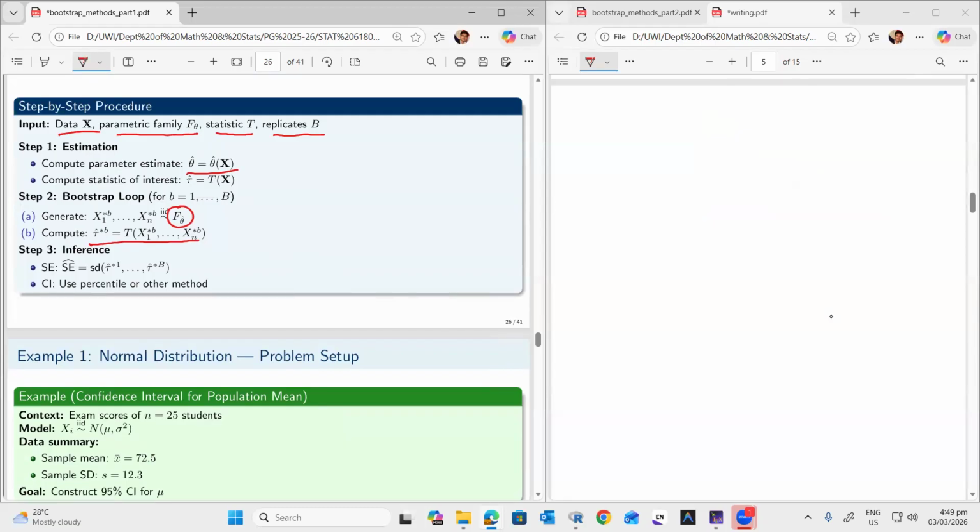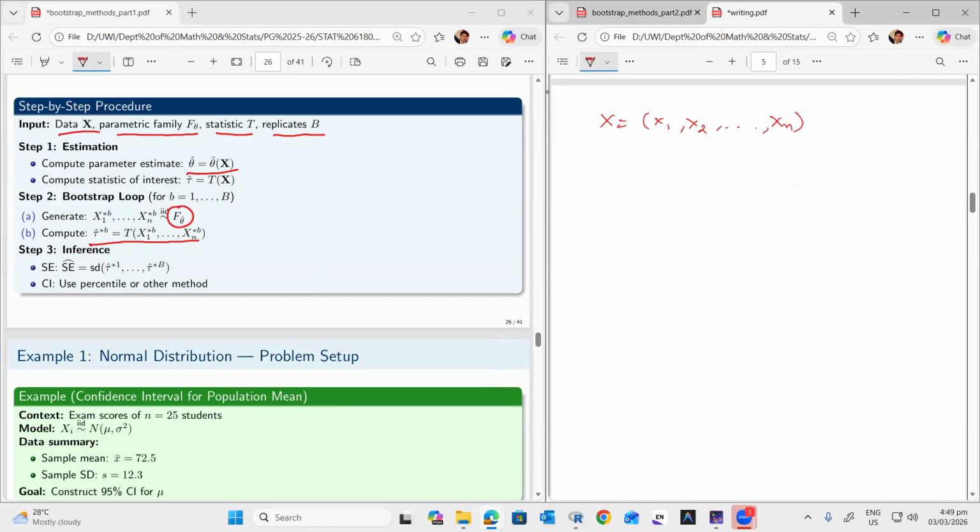So suppose we have the observed sample capital X, that is x1, x2 up to xn. All right. And assume that the data follows the parametric family of distribution f theta, where theta is an unknown parameter vector and T(x) denotes the statistic of interest. All right.